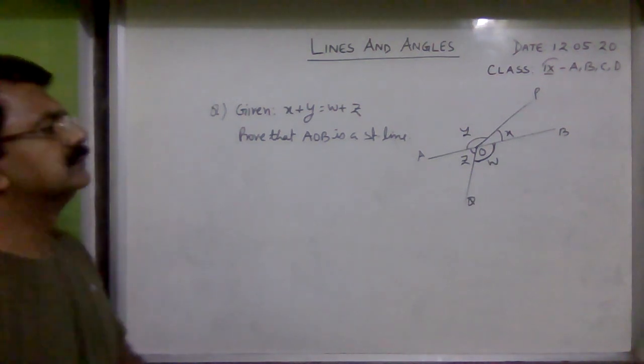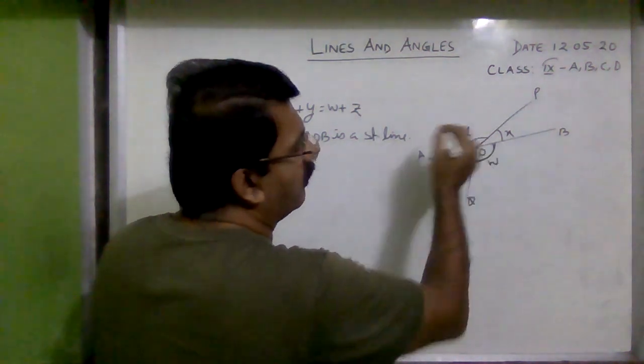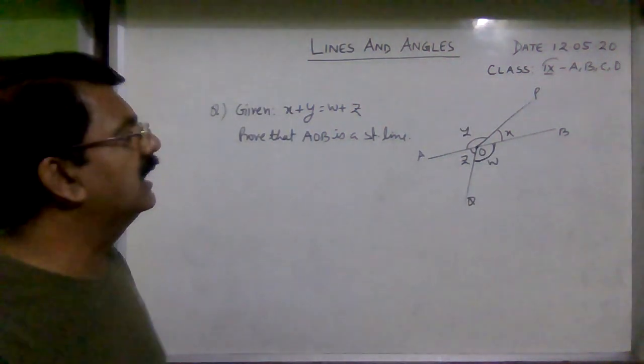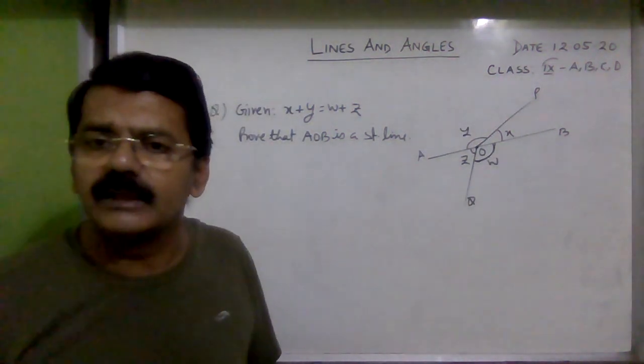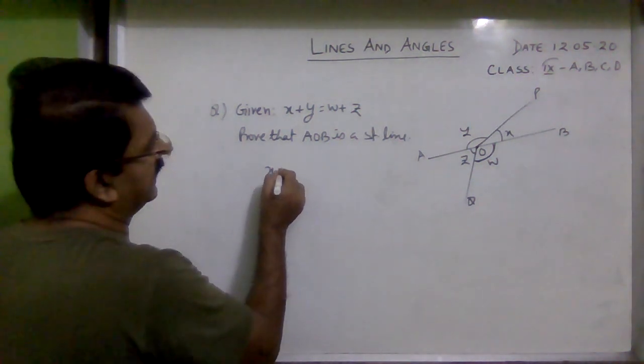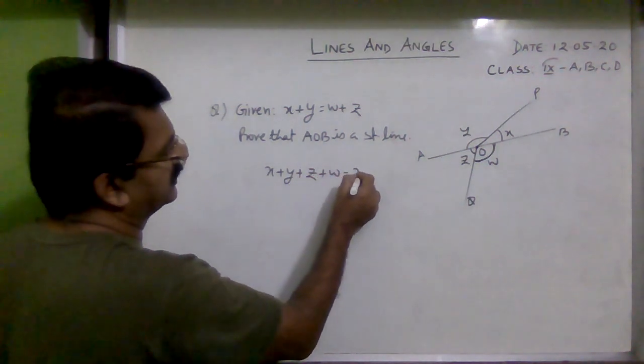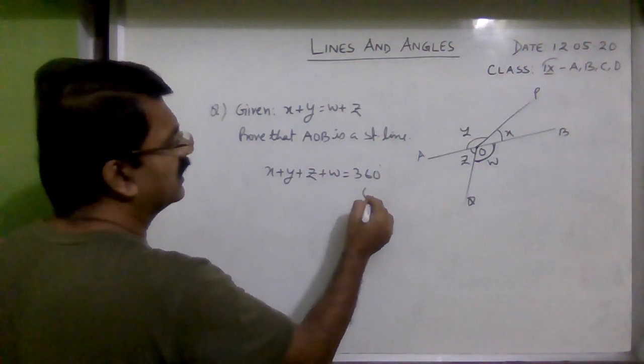Now what we do, all of you know that the angle around a point is called a complete angle, and a complete angle is equal to 360 degree. That is X plus Y plus Z plus W is equal to 360. The reason, complete angle.